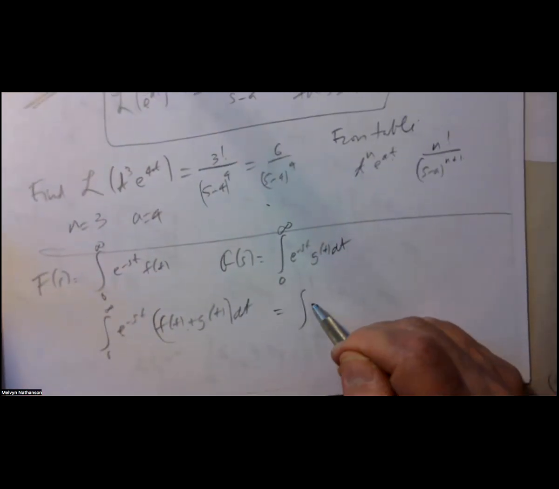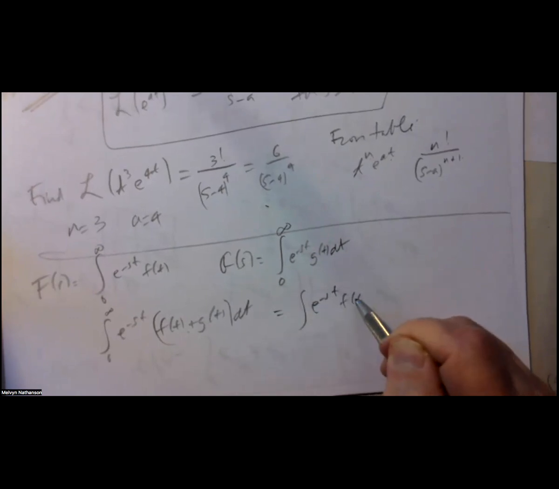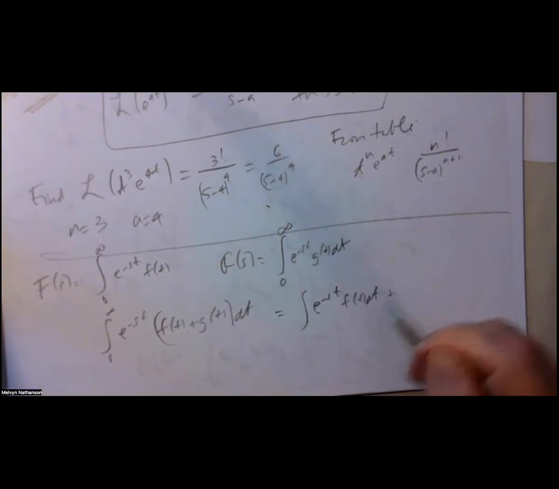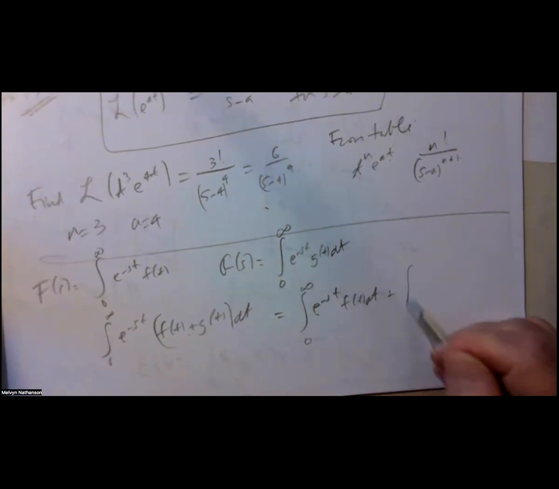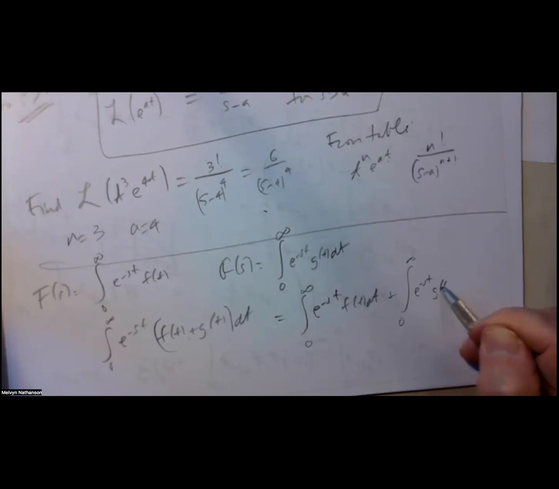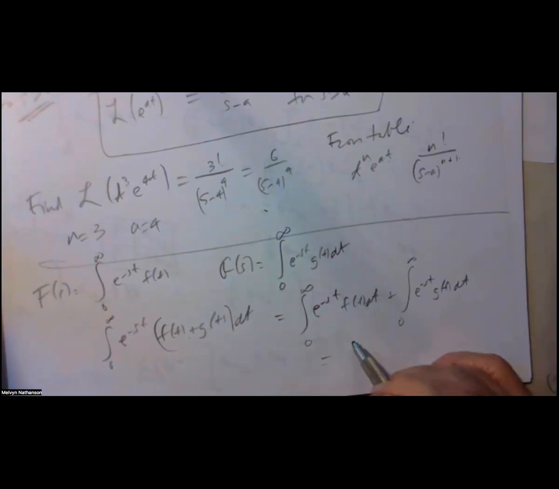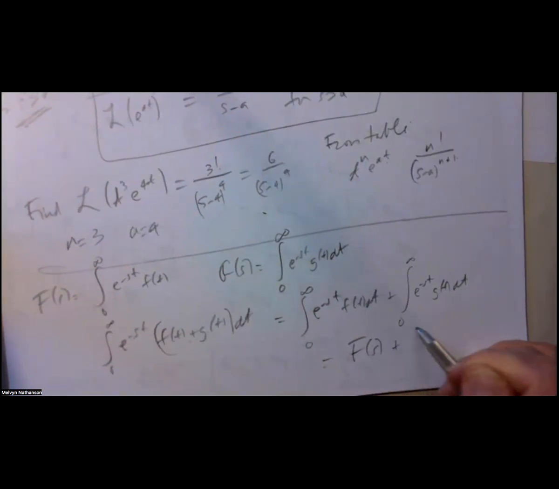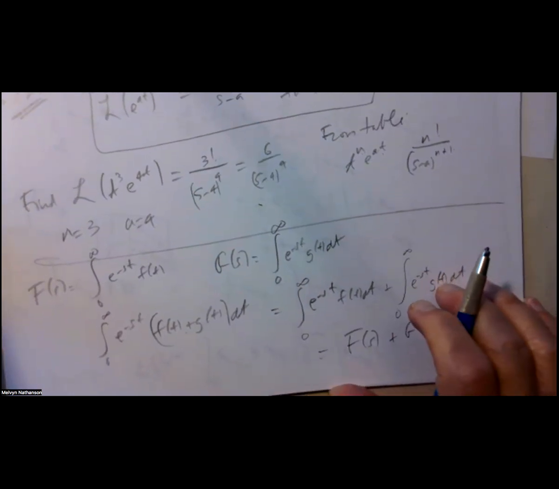This is the integral e to the minus st f of t dt plus the integral e to the minus st g of t dt. That's F of s plus G of s.